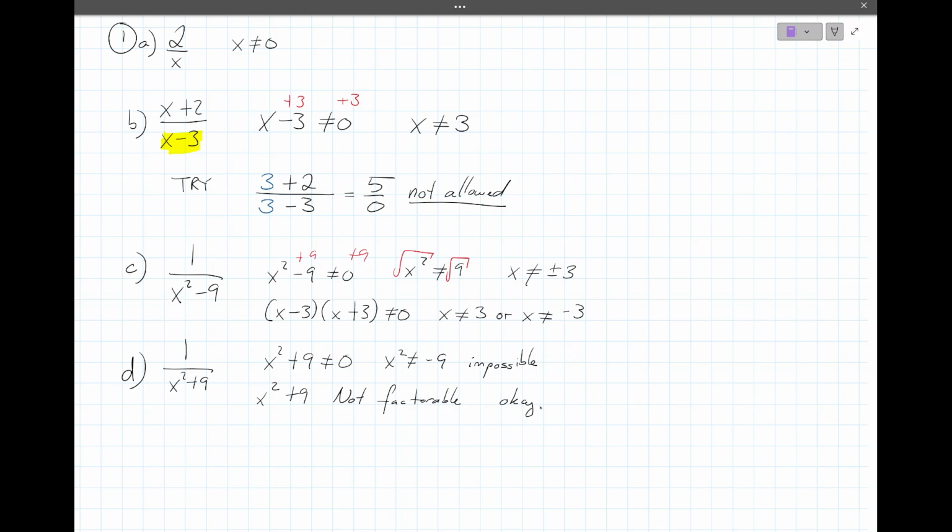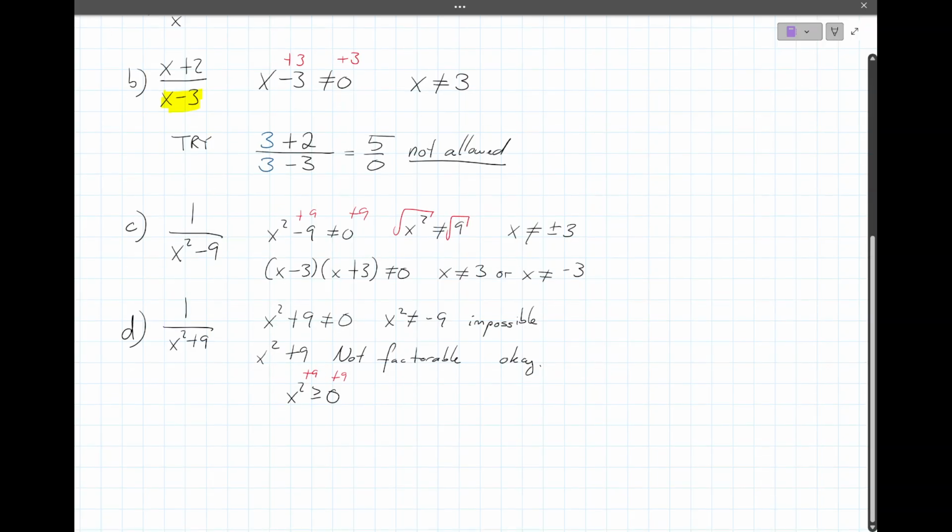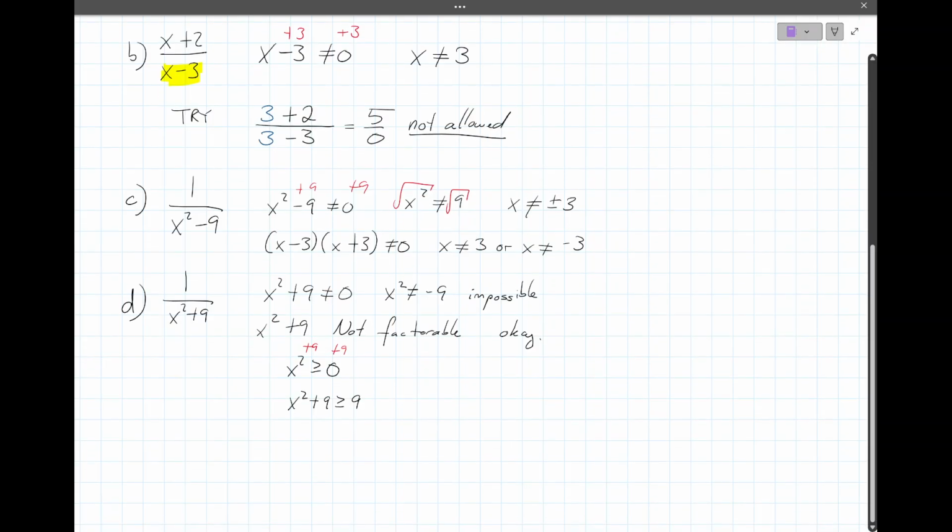We know that x squared is always greater than or equal to 0, so x squared plus 9 is always greater than or equal to 9. I'm never going to hit 0, and I'm not even going to hit any negative numbers. It's just not possible.